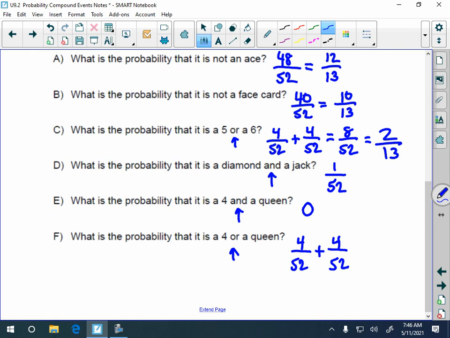No, there's not. So we don't subtract anything that's in common. So 8 out of 52. And we can simplify that down, divide by 4, so that's 2/13. Okay, so that's it.